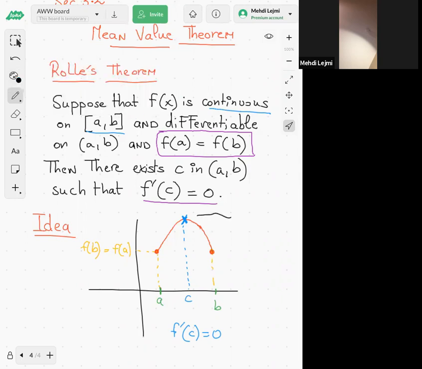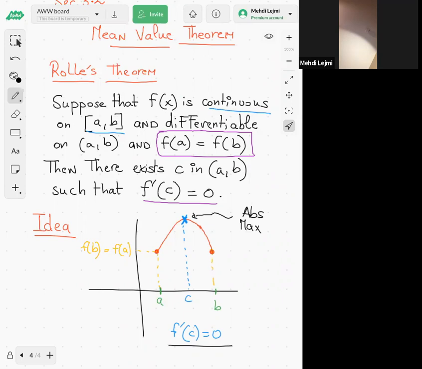Remember guys, we said if your function has an absolute maximum or minimum, then the derivative would vanish at c. So that's why f prime of c is 0.